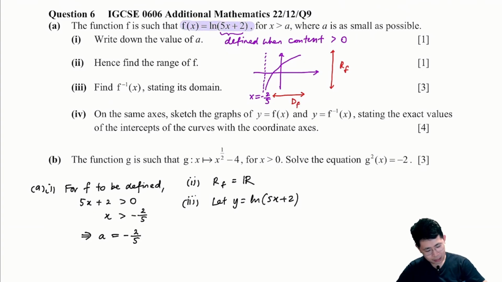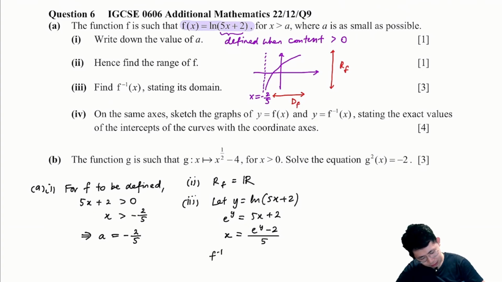So what I'll do is I will make x the subject. So e power y would be equal to 5x plus 2. So x would be equal to e power y minus 2 divided by 5. So my f inverse of x, the expression would be 1 over 5 of e to the x minus 2.